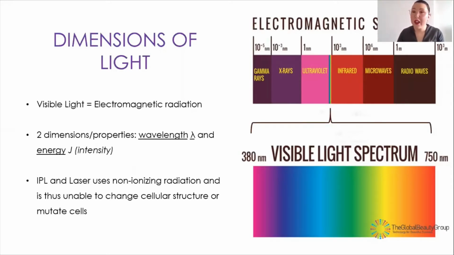To our right, we have our visible light spectrum, infrared, and so on, which are completely safe. Now again, even LEDs fall under this visible light spectrum. Back in the day, it used to be photon machines or UV machines, and they used to include things like ultraviolet. Well, LEDs, IPLs, and lasers no longer include ultraviolet light as part of their treatment, and therefore are completely safe to use.